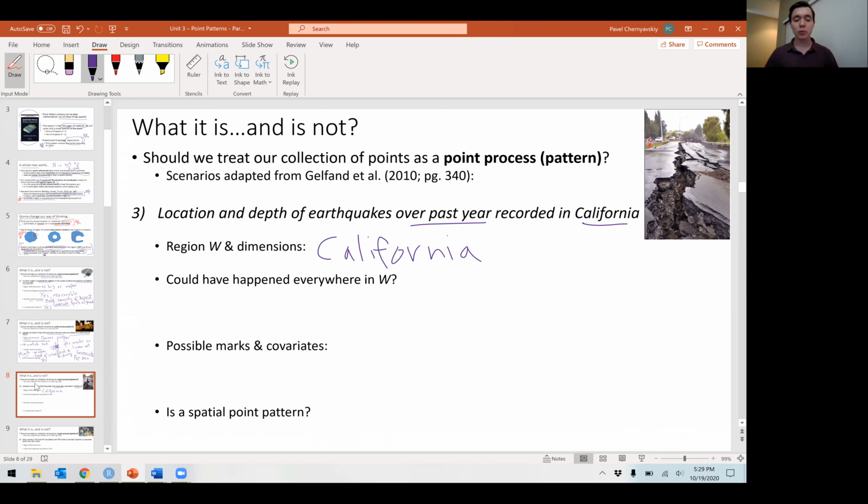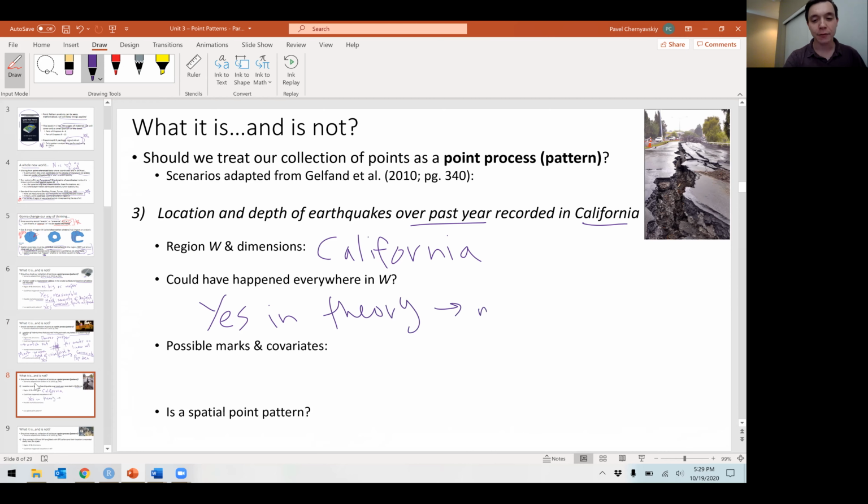Could have happened everywhere in your observation window. So that's a good one, right? In theory, can an earthquake happen everywhere? I'm not a geologist, and I think geologists would fight me on it, but I will say the answer is yes in theory. Ask about earthquakes away from fault lines in places like Oklahoma. Yes, in theory.